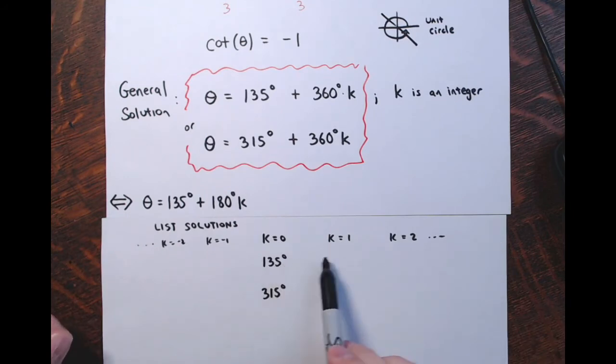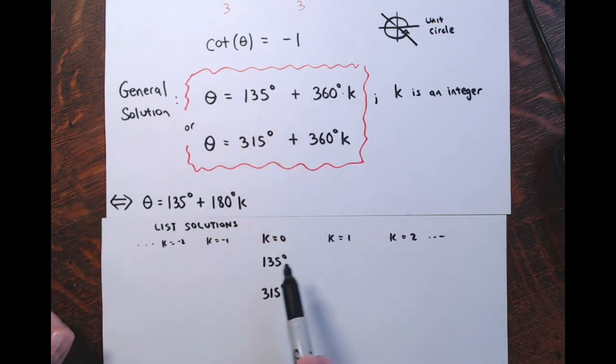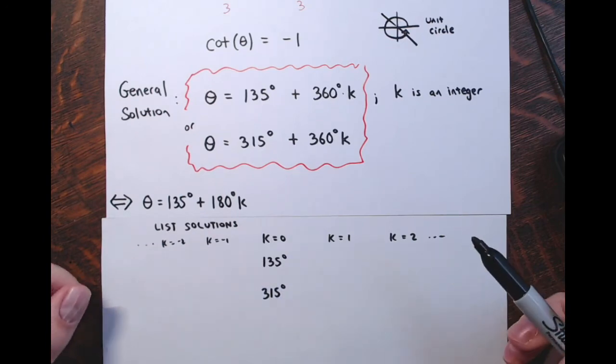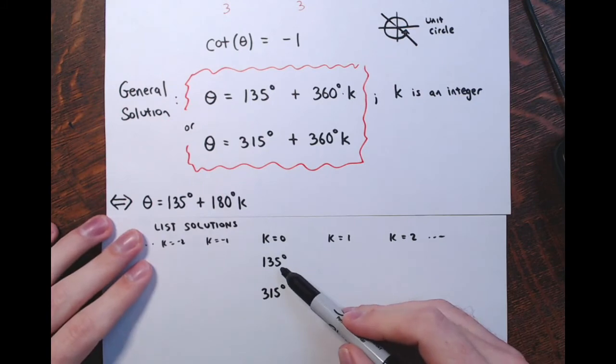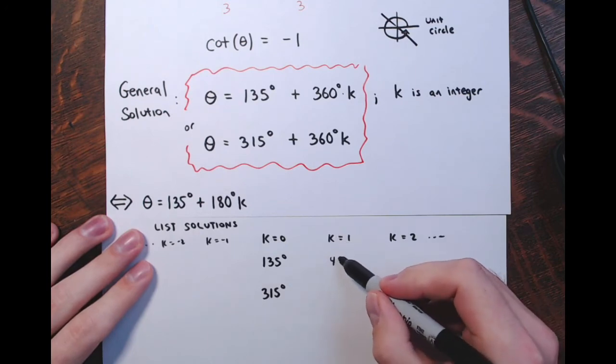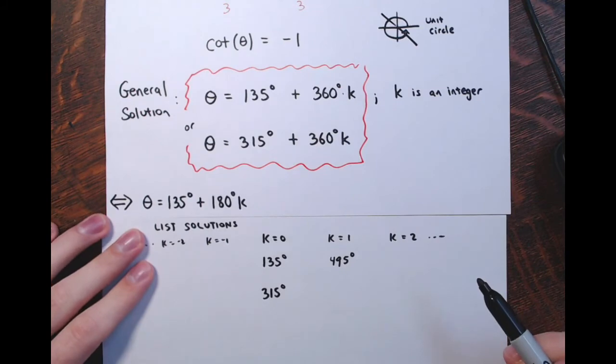Now if I go along the top, if I just use this top equation here, I'm just going to keep adding 360. So if I add 360 degrees, that's 495. So when k equals 1, you're getting 495.